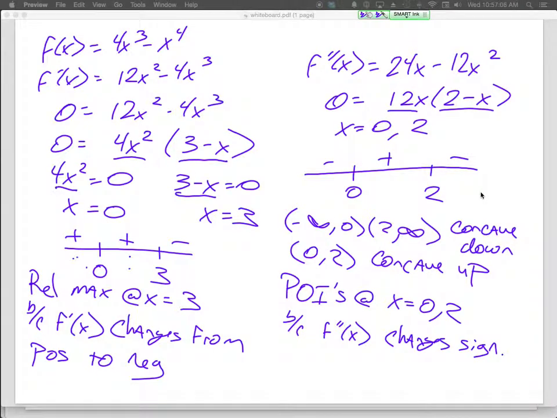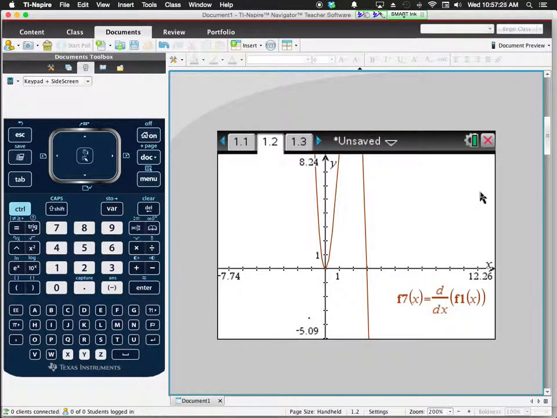Here's where we pull in what Pauline was talking about. What needs to be happening at 0? It changes from decreasing to increasing. My F prime needs to be changing from decreasing to increasing. Am I doing that? Yes.